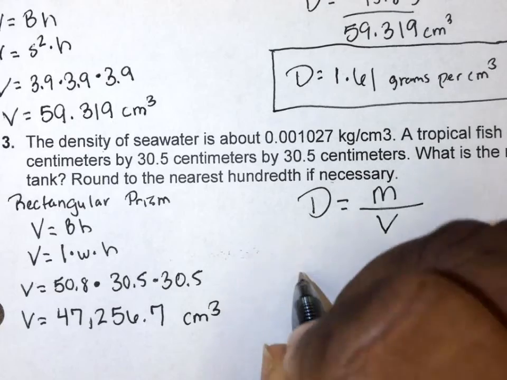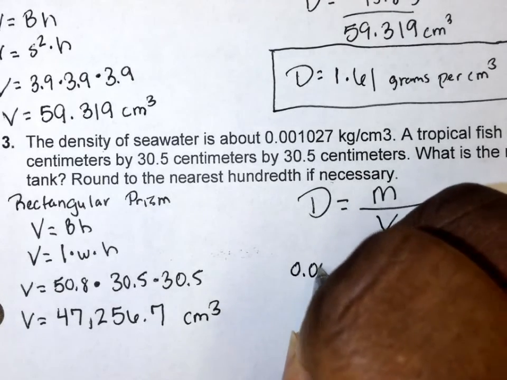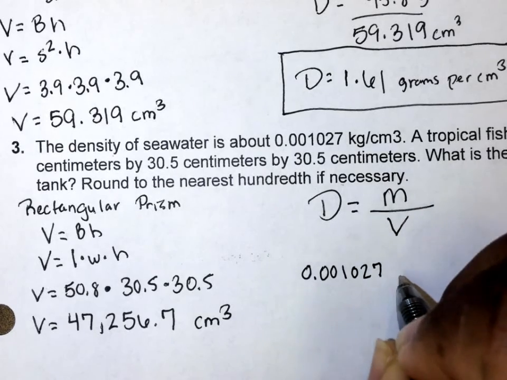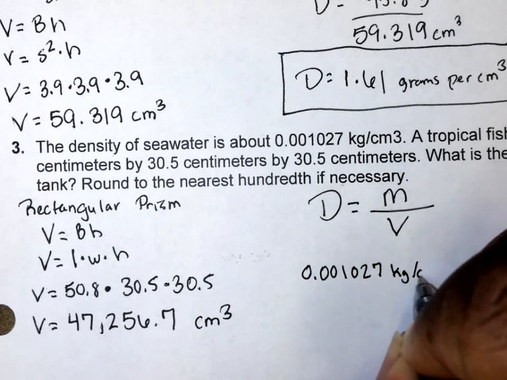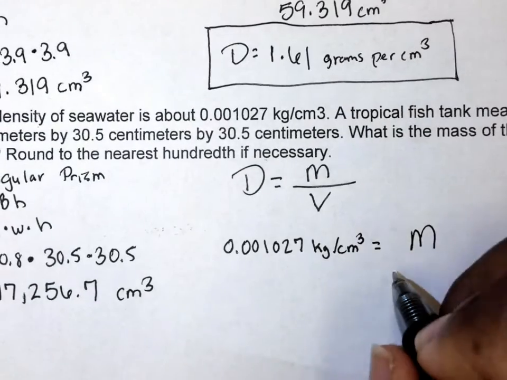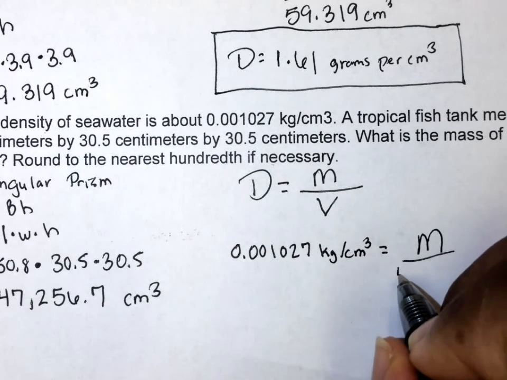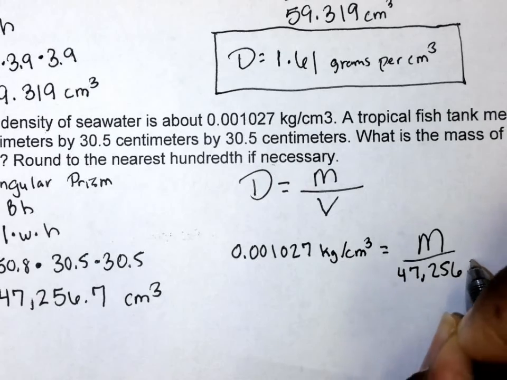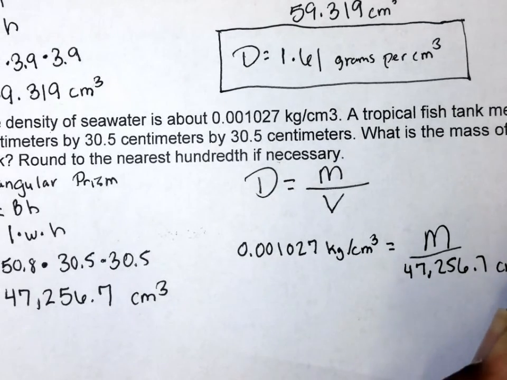Density itself was this long decimal, 0.001027. This was kgs per centimeters cubed. And then I'm looking for my mass, so equals M over my volume, which I have now, 47,256.7 centimeters cubed.